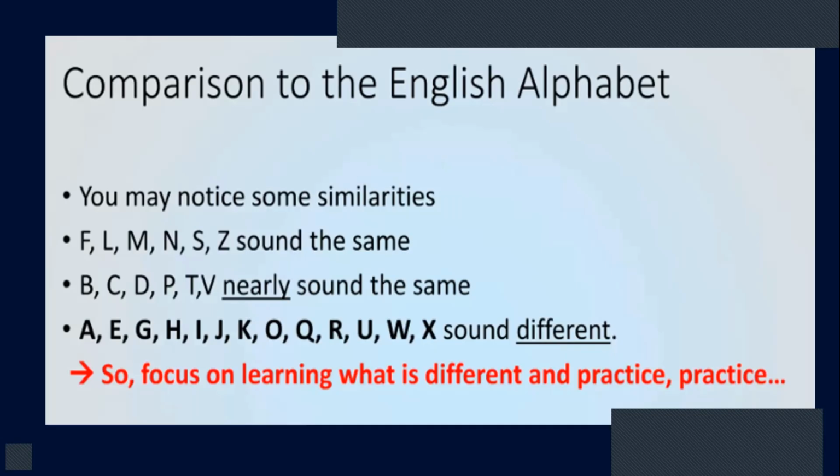And when you look at the other letters, you see the different sounds when you are making the sounds A, E, G, H, I, K, O, Q, U, W. You see, it sounds different.